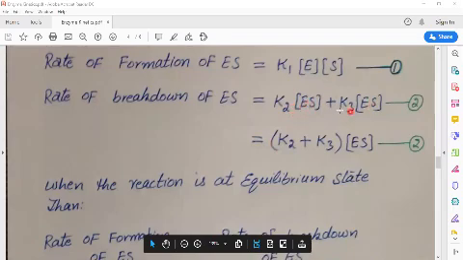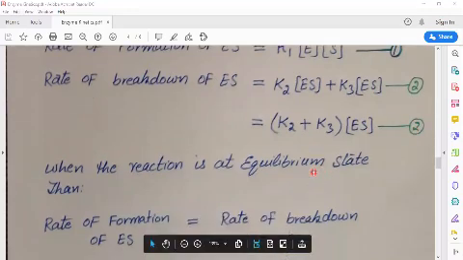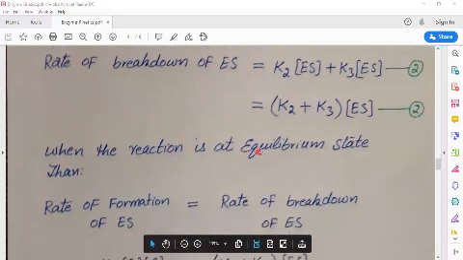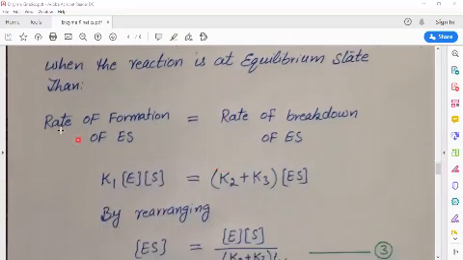Enzyme substrate complex is the common value, so we can write it as K2 plus K3 times enzyme substrate concentration. This is equation 2.